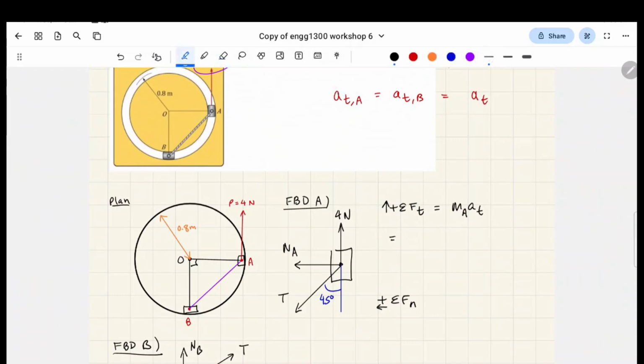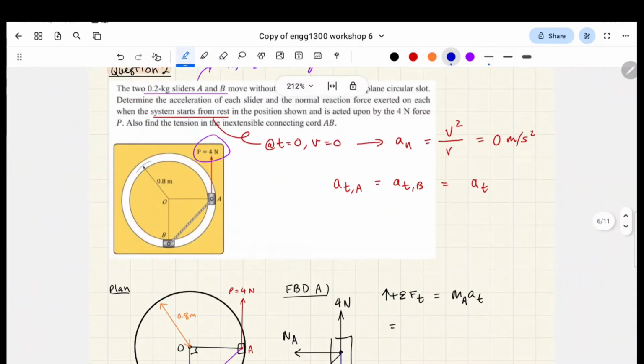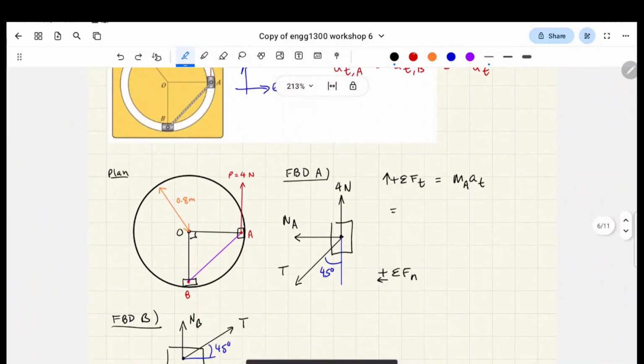We're in plan view, so maybe I'll just call this north to avoid confusion. In the north direction, we'll do 4 minus T cosine 45, using this convention.